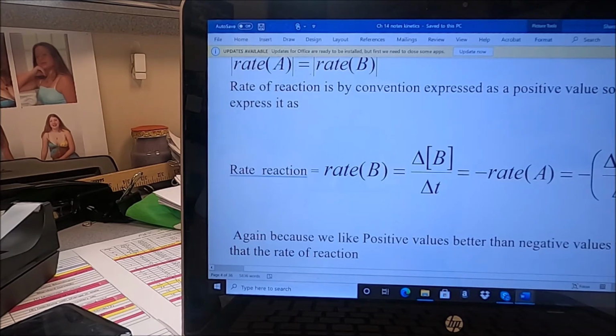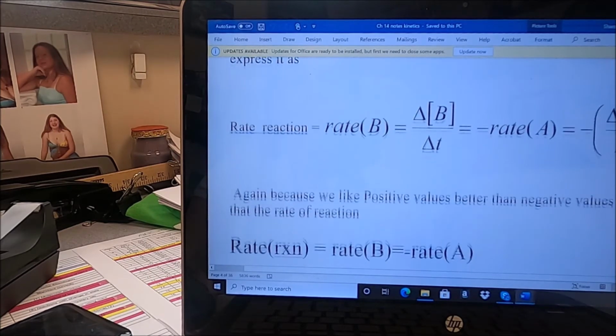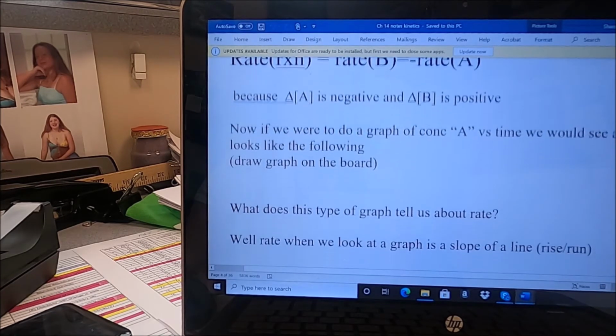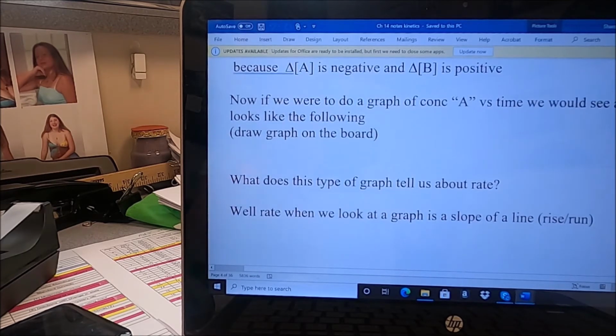But if I want to look at it in terms of the concentration of my reactant A, then I would say my rate of reaction equals negative the rate of change for A as a function of time. Okay? And this is because we want positive values. So I can say the rate of the reaction equals the rate of B, which equals the negative rate of A, because change in A is negative, change in B is positive. Okay?